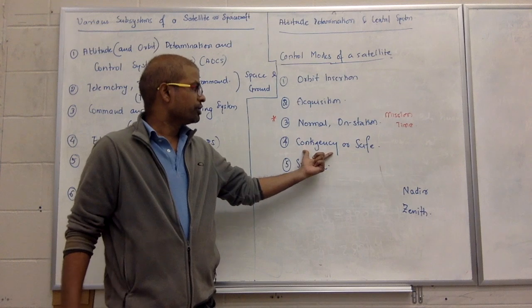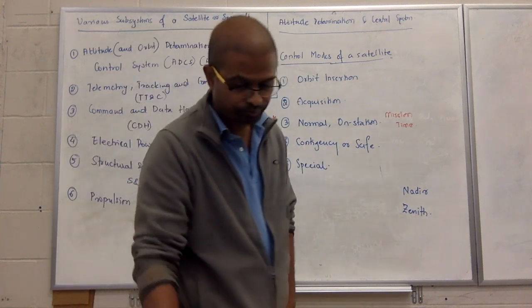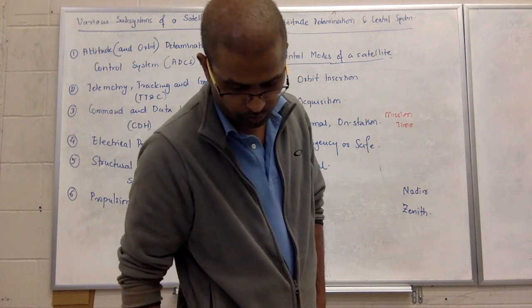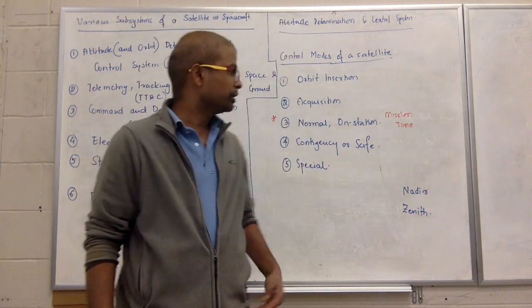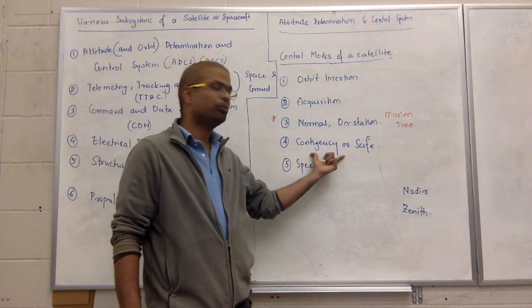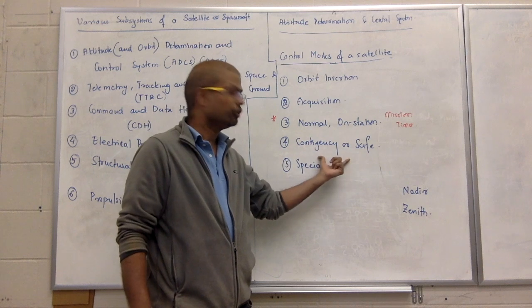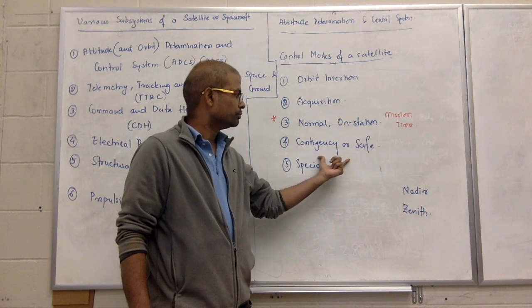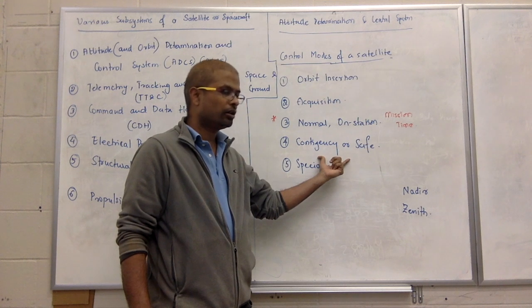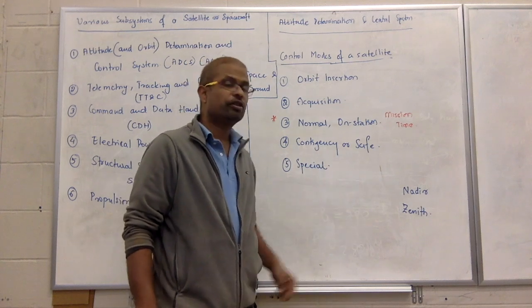What is this? Contingency or safe? Just in case anything happens. Right, so this is the mode in which something may happen. For example, think about when you put a GPS satellite in contingency and safe mode.